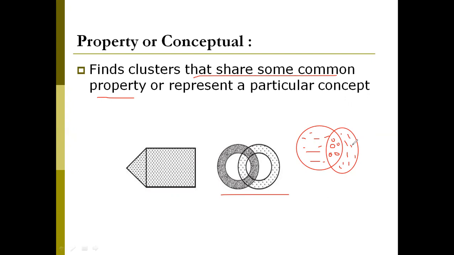So the points in a cluster share some general properties that derive from the entire set of points. Points in the intersection of the circles belong to both clusters. Whatever points we have represented within the intersection belong to both clusters.